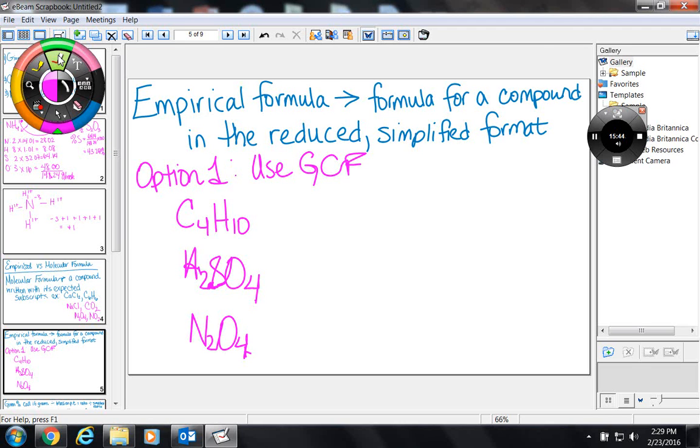And then we'll do one more. We'll do C6H6. I'm going to try and write that one cleaner because it looks horrible.